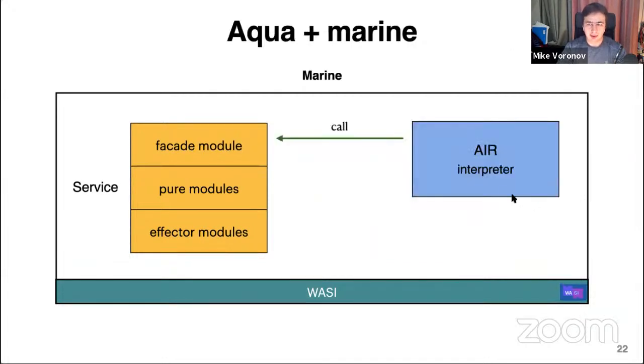Except the interpreter. The interpreter is also a module loaded into Marine, but in our interpreter we have a special instruction called call, and this call can call facade modules from any service loaded into Marine at the moment of execution.